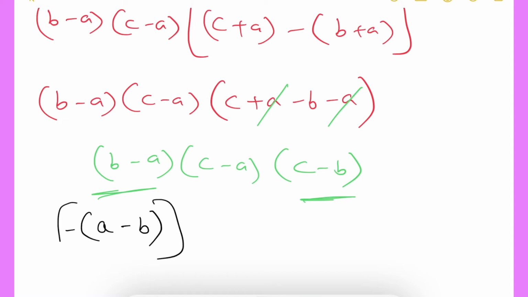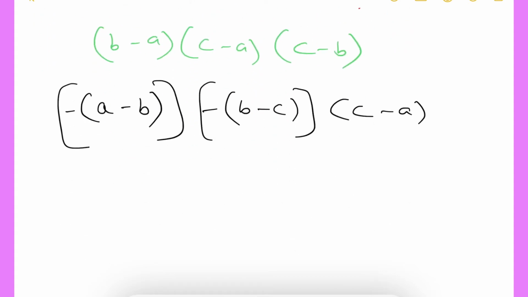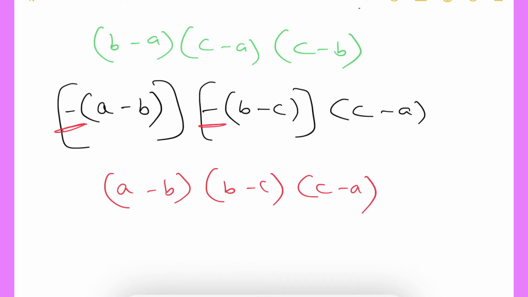The same I will do for the third also, taking minus common, then minus b will become plus b, plus c will become minus c, into c minus a as usual. Now here minus into minus is plus, then we remain with a minus b into b minus c into c minus a. Hence proved. These are the two methods where we can find these kinds of questions.